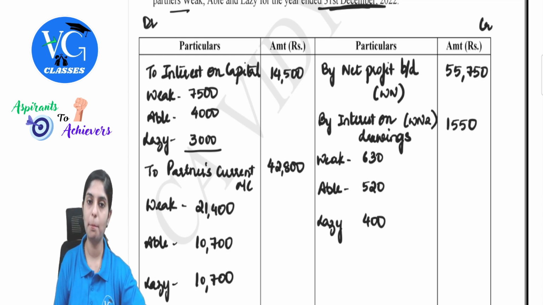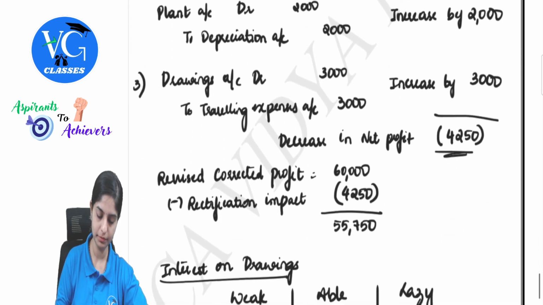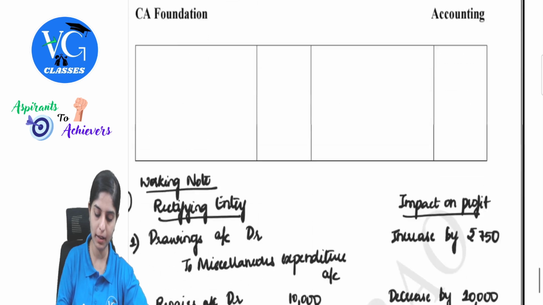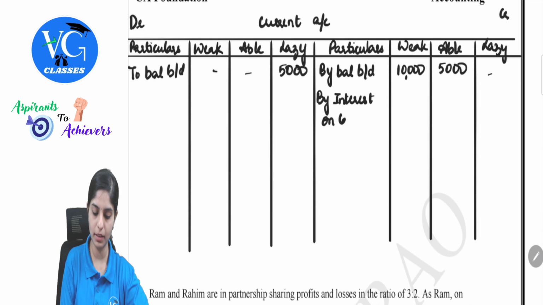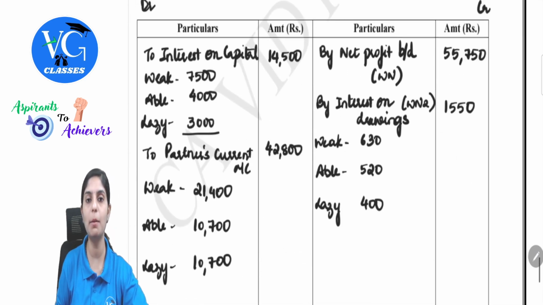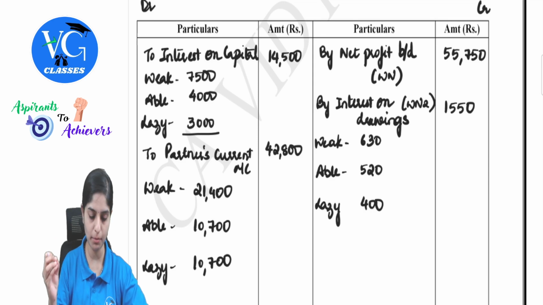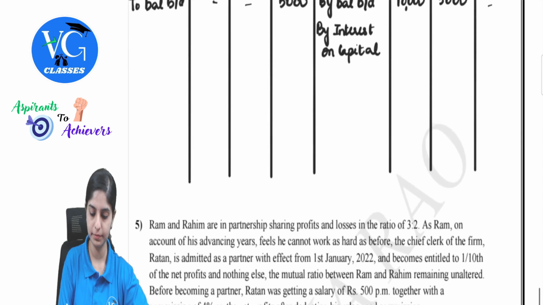So by P&L appropriation account, by interest on capital. Since interest on capital is an income to the partners, their balances will increase. So on that logic also, it comes on the credit side. 7,500, 4,000, 3,000.